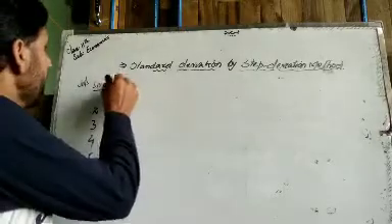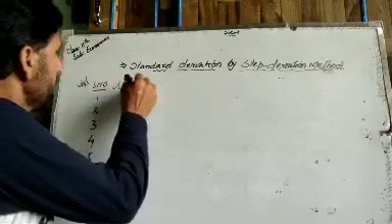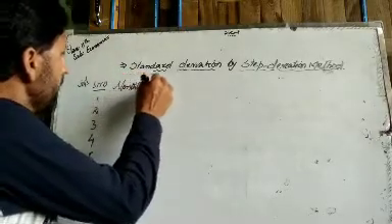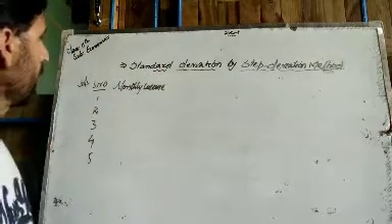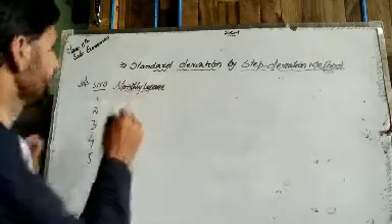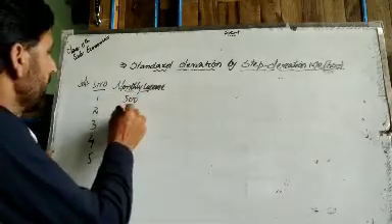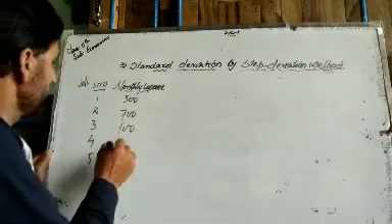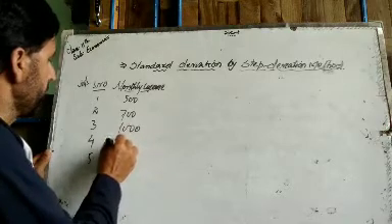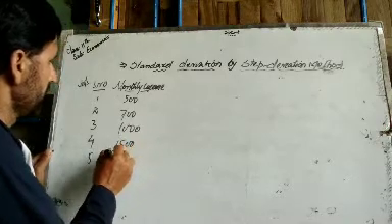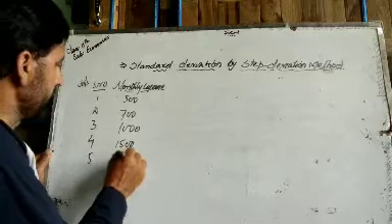Then the monthly income, which was already mentioned in the question: 500, 700, 1000, 1500 and 1300.